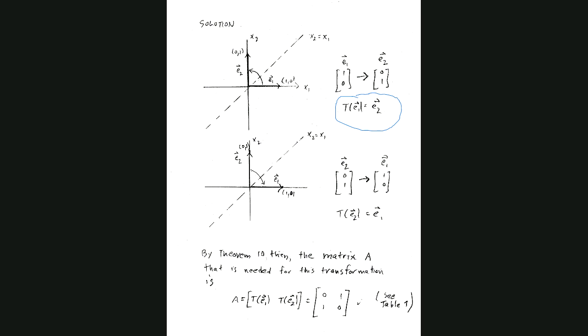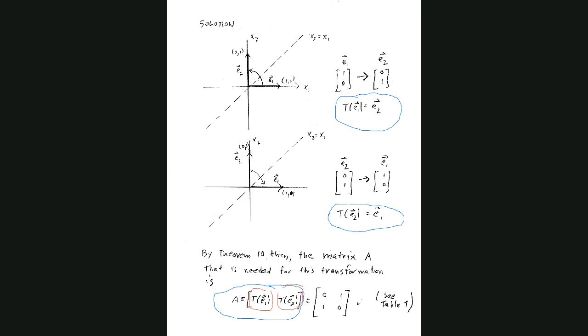And the point 0, 1, the j vector, which we call E2, gets mapped to 1, 0. So the transformation of E2 equals E1. Then Theorem 10 said if you want to figure out your standard matrix, the column vectors would be the transformation of E1 and the transformation of E2. And that's how you got the matrix 0, 1, 1, 0.